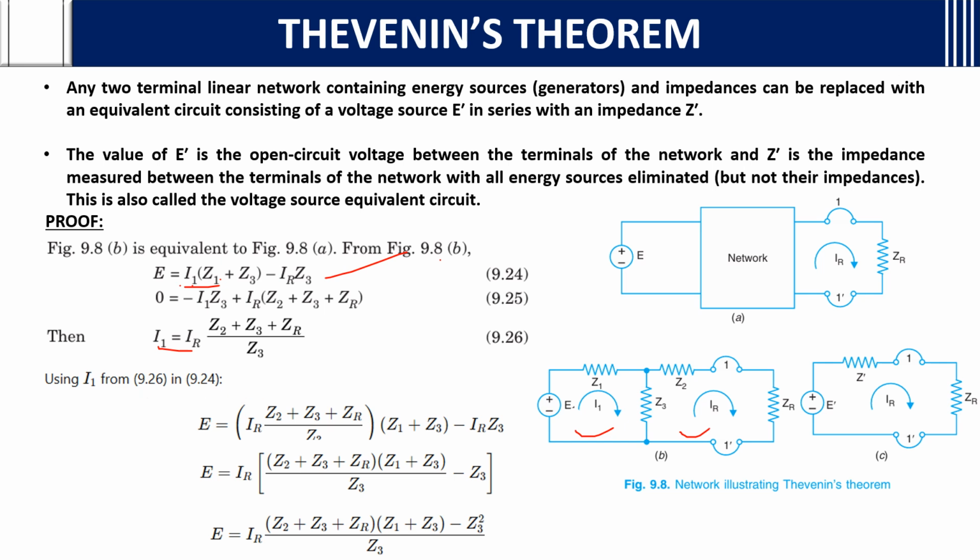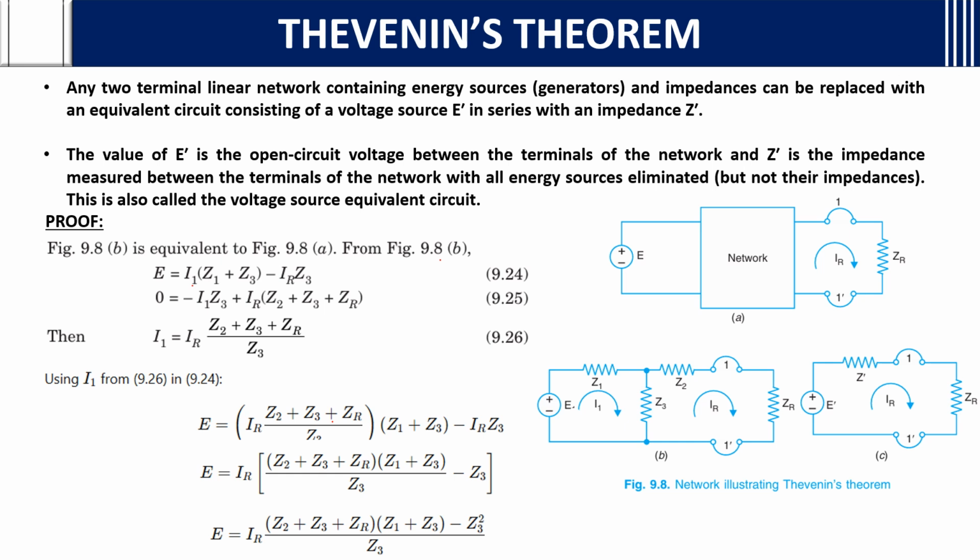If you substitute that, you will get E equals IR into Z2 plus Z3 plus ZR, by Z3, into Z1 plus Z3, minus IR Z3.